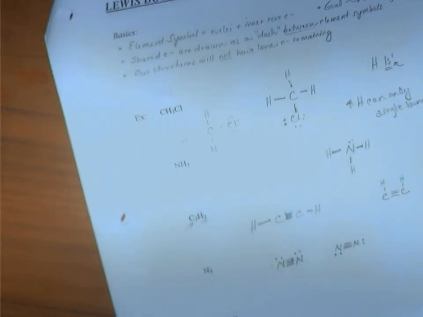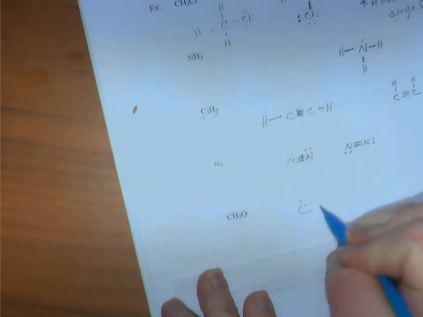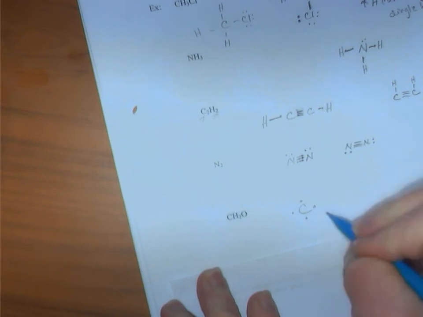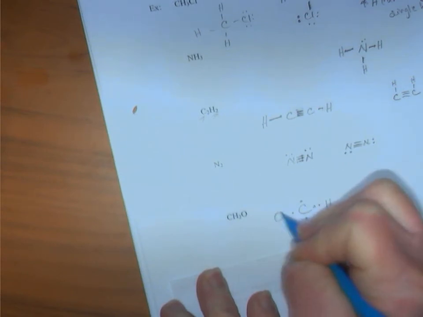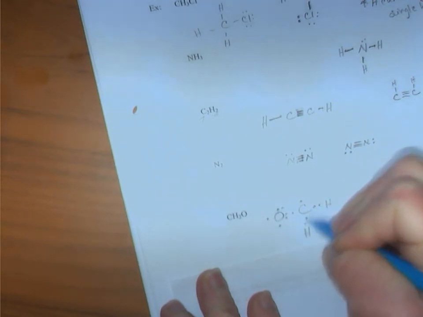Okay, so is carbon or oxygen our center? Well, carbon will be our center because there's only 1 of it, and we just have 4 valence electrons versus 1 oxygen, but it has 6. Okay, and it doesn't matter where we want to put our hydrogens. How about here and here, and put our oxygen here? We know that our hydrogens will just need to share 1.